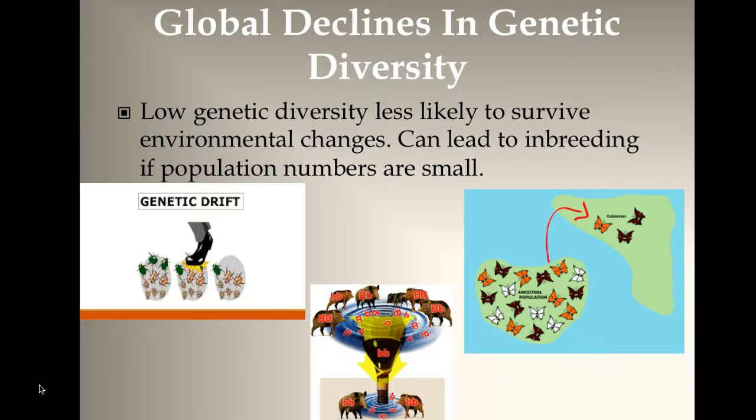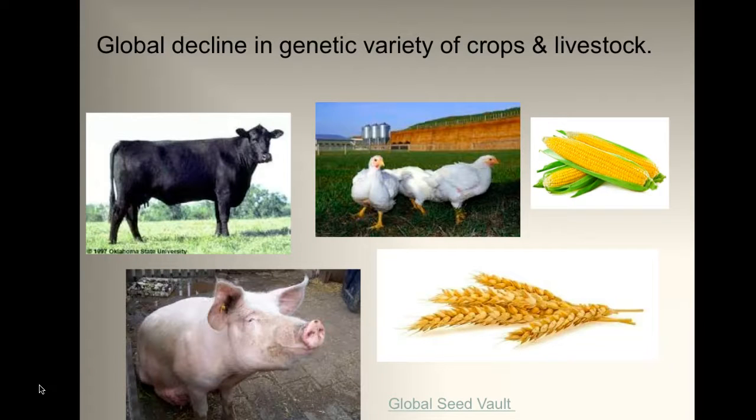One method is genetic drift. Another is called the bottleneck effect, and the other is called the founder effect. So if those words sound familiar, but you don't really know what I'm talking about, go back and look them up. And again, it would be under population biology, excuse me.